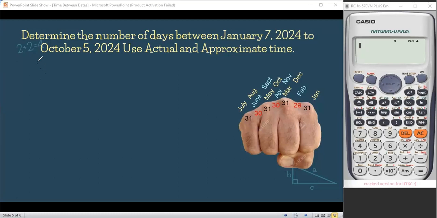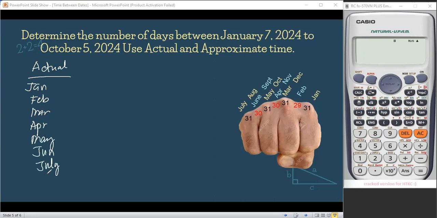Okay, in actual time, let's start with January, February, March, April, May, June, July, August, September, and October. So we said it will stop at October 5.